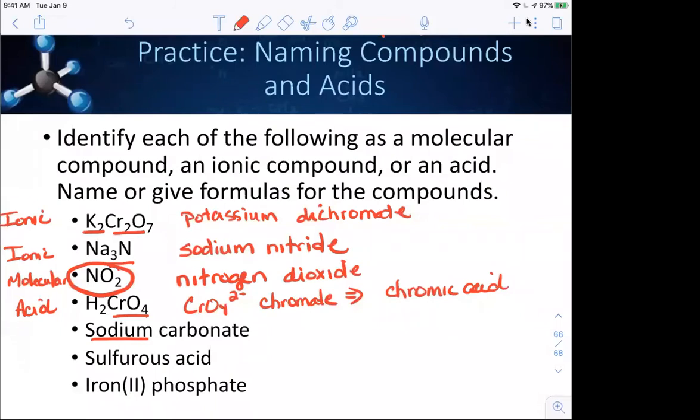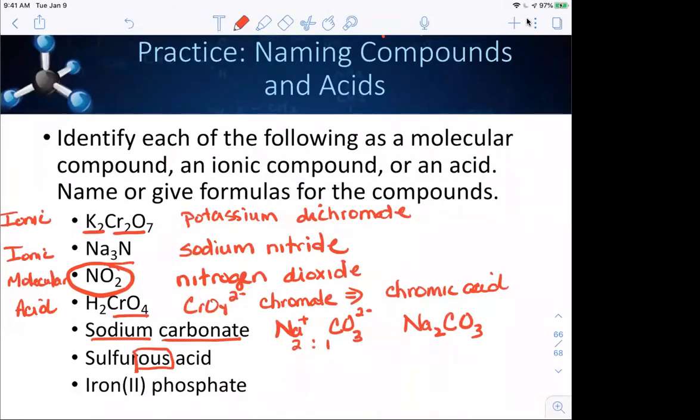This is sodium carbonate. I know I have an Na plus. My carbonate ion is CO3 2 minus. So I need 2 sodiums to every 1 carbonate. So I'm going to write Na2CO3.